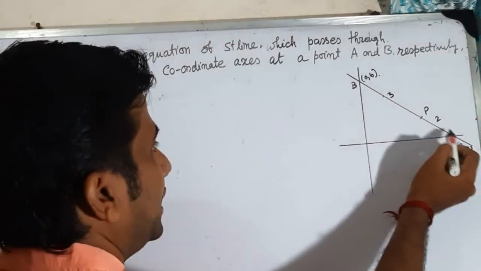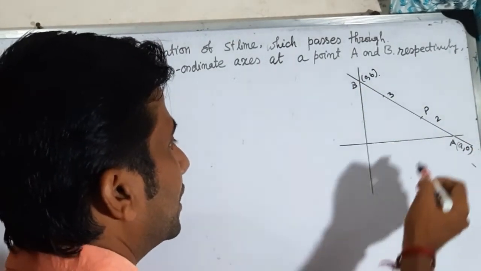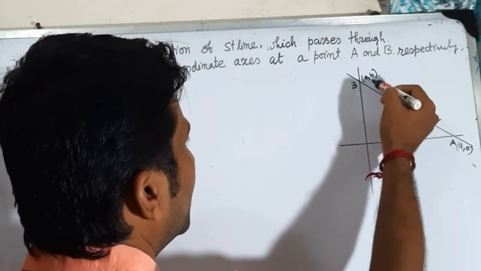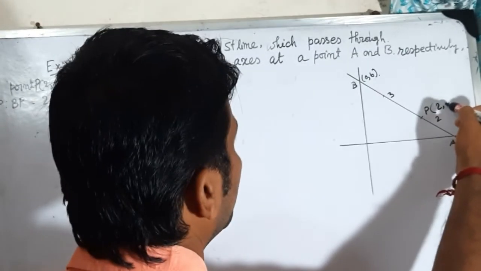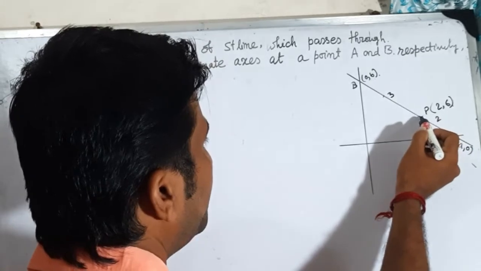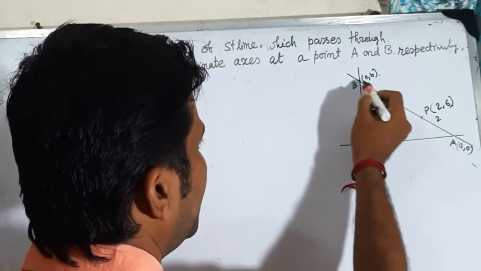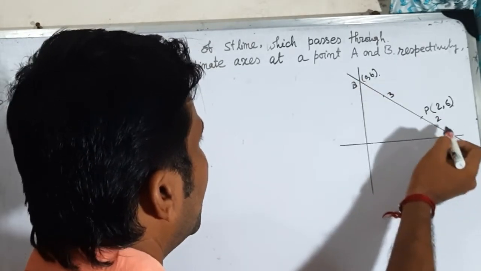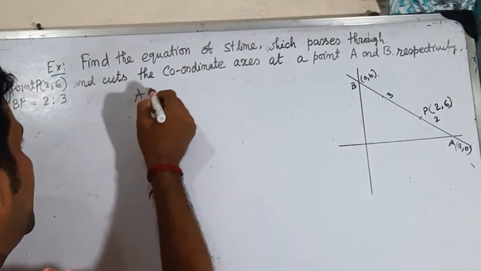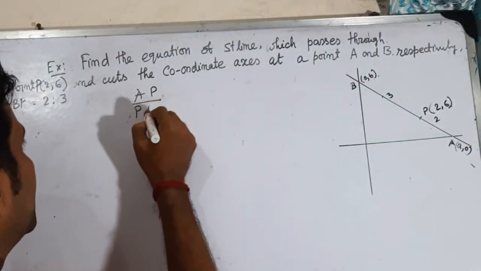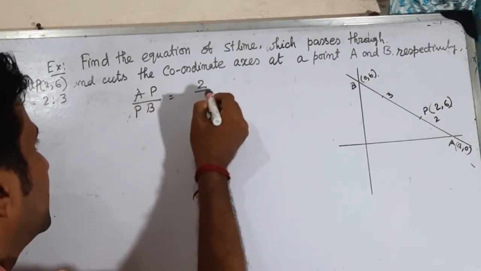The straight line AB cuts the axes at A, 0 and 0, B. Here point P is 2, 6. P divides the segment AB in the ratio 2 is to 3. That means AP by PB is equal to 2 by 3.